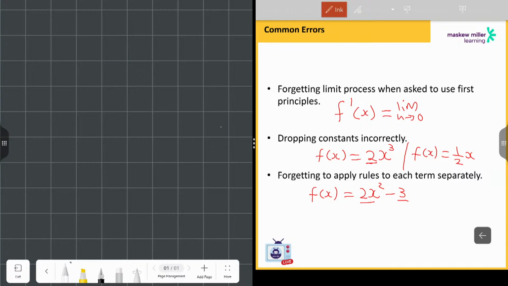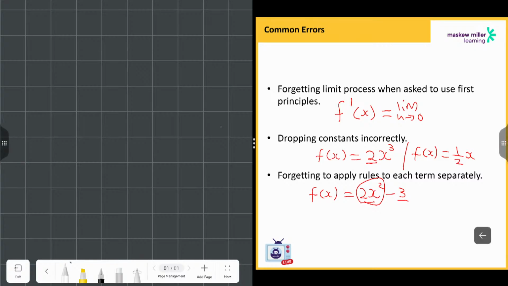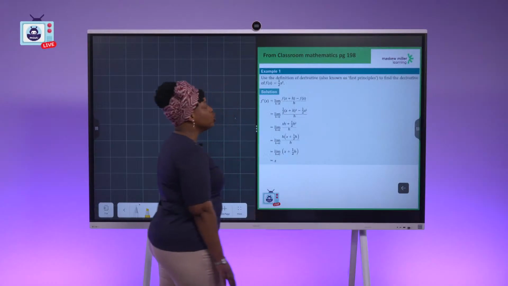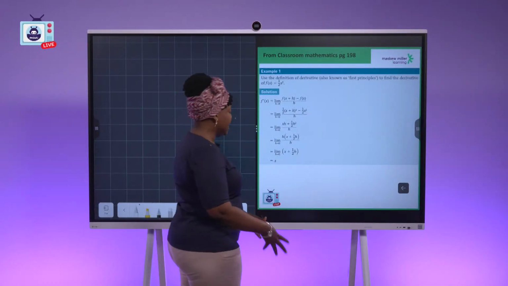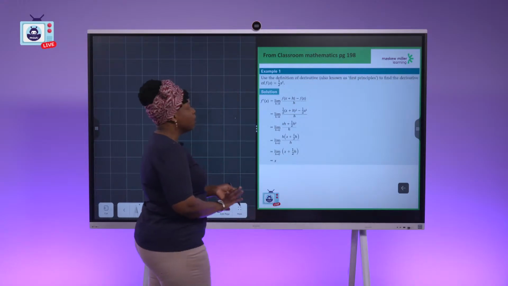So if you derive only 2x to the exponent 2, and you leave out the negative 3, you automatically have lost the mark, right? So please remember that every time when you are deriving, you focus on each and every term. All right.